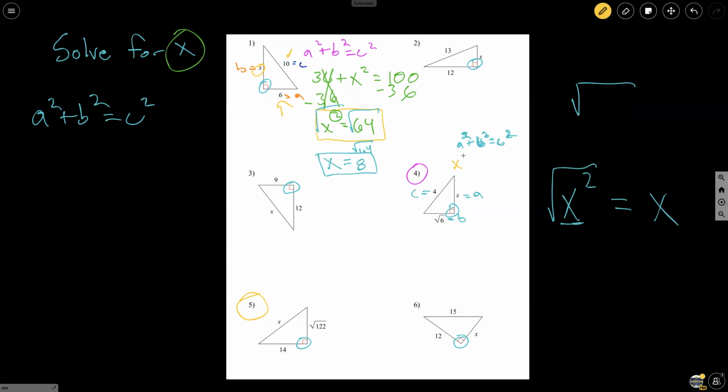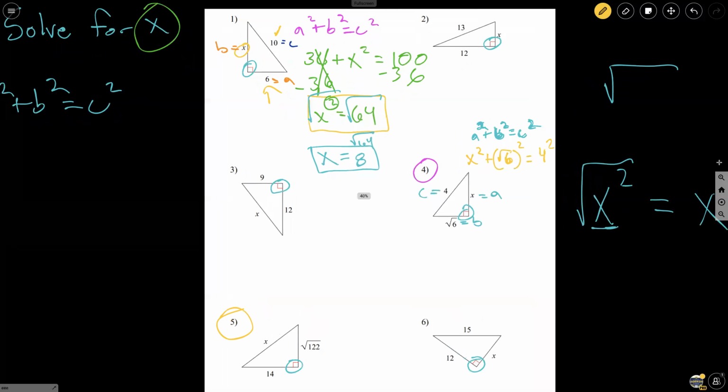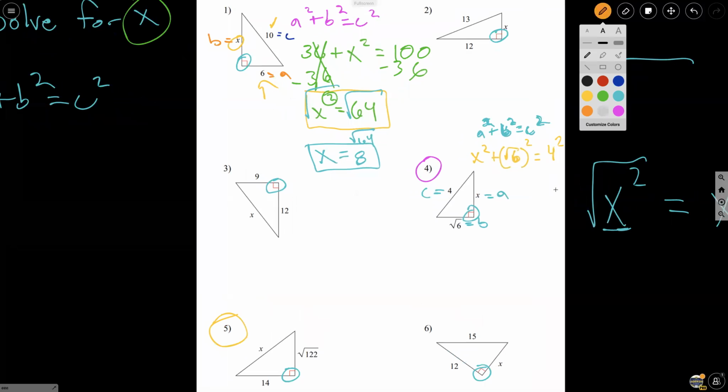So we got 8x squared plus square root of 6 squared equals 4 squared. Okay? And so if we go ahead and solve this now, we're going to get x squared plus, now we have a, so this is actually inside, sorry.